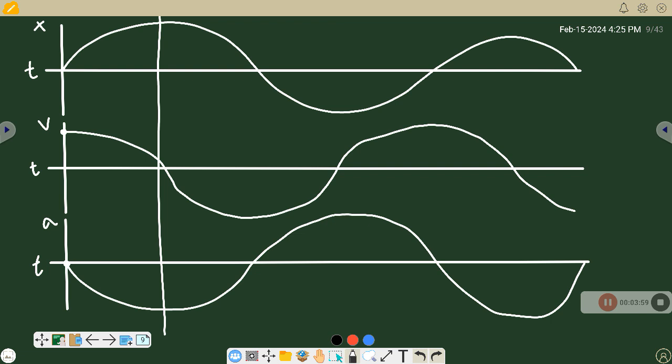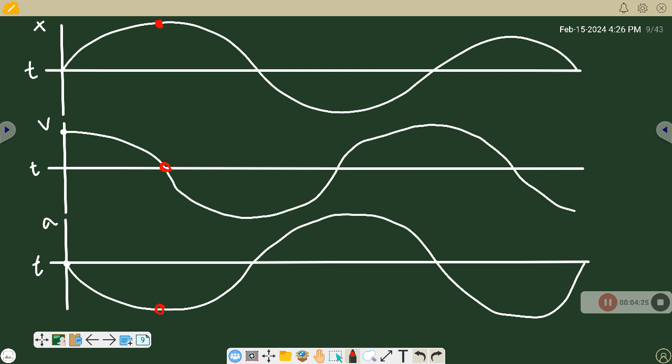When you have reached the farthest end, the most displaced that your pendulum is going to be, that is where you have zero velocity. You're also going to have a maximum amount of acceleration, pulling it back towards its equilibrium.